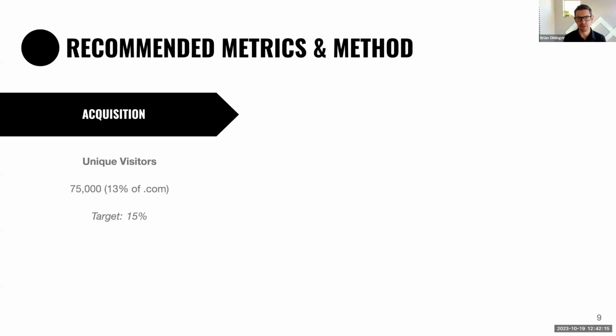Now we can actually do the math and say, well, we have many hundreds of thousands of people coming to our .com website every single month, quarter, year. What percentage of them do we want to click through and go to the community? Now, of course, you're probably saying 100%. Of course, we want all of them. But I think we know that that's not the case. So you typically set a target like 10%, 5%, and then we can measure it.